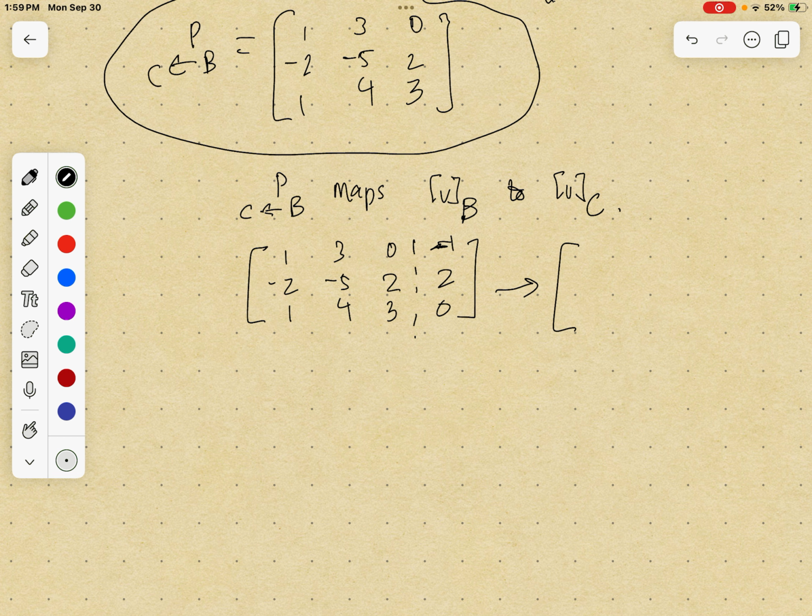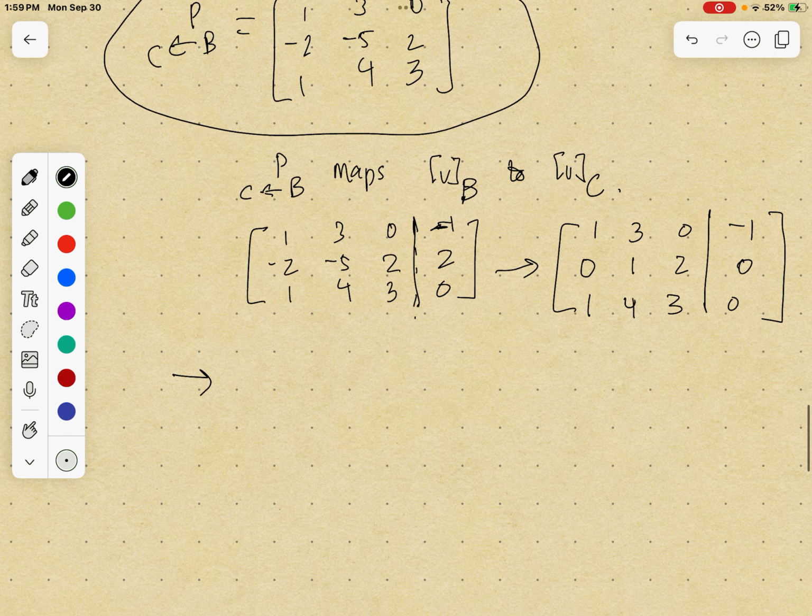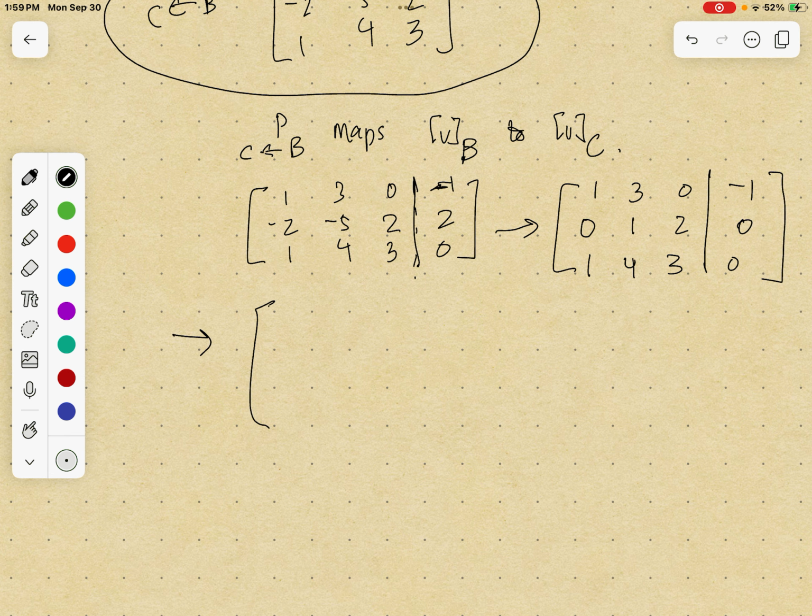So we start from the left and go down, right? We want to change row 2 to row 2 plus 2 row 1. So that'll give me 0, 1, 2, 0, and then 1, 4, 3, 0. And then we want to change row 3 to row 3 minus row 1.